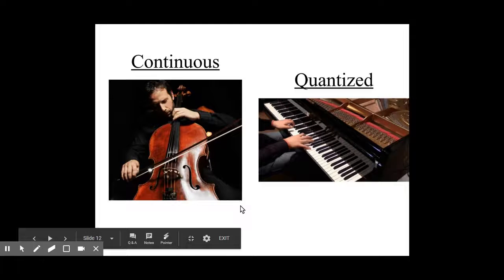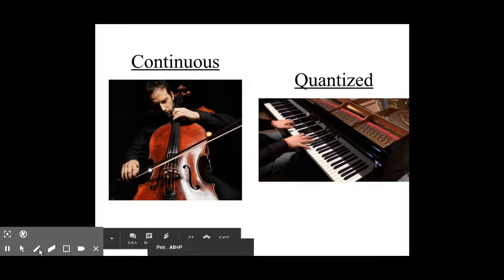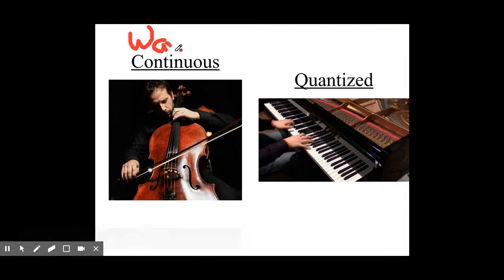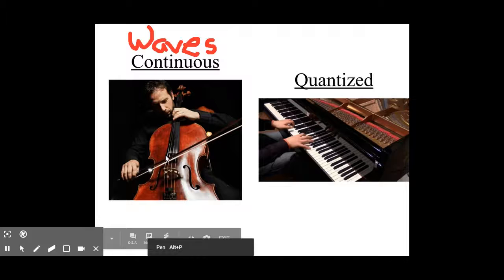A lot of people thought that things like waves were continuous. Something continuous would be like a cello. If the player uses the bow and moves his finger all the way up and back down the fingerboard, it will make a continuous kind of sound.